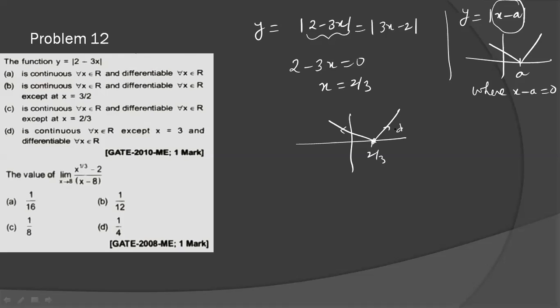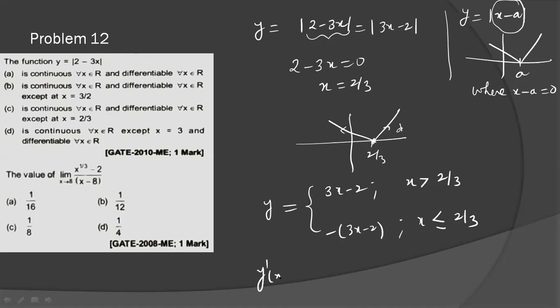It can be broken like this: 3x minus 2 when x is greater than 2 by 3, and it will be minus of 3x minus 2 when x is less than or equal to 2 by 3. And if you differentiate this function, y dash x, you will get 3 here and minus 3 there.